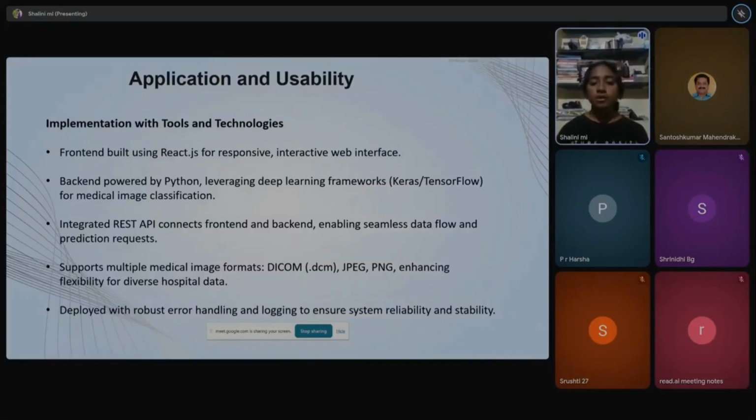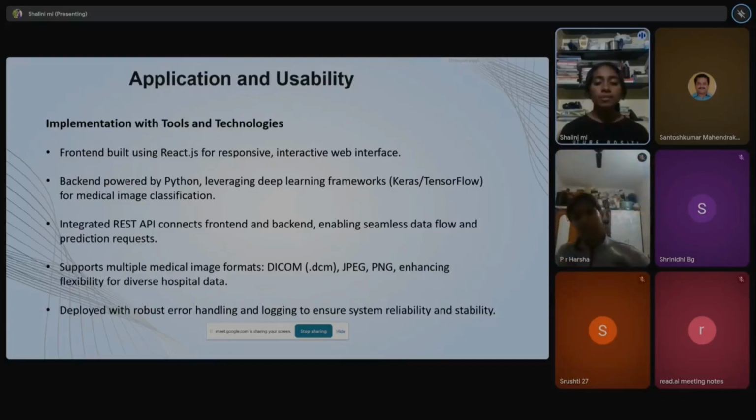I'm going to explain the application and usability, the implementation with tools and technologies. The system has been designed with a focus on both technical efficiency and real world usability. The front end is built with React JS, which ensures healthcare professionals and users experience smooth navigation, fast page rendering, and an interactive dashboard for visualizing X-ray analysis.